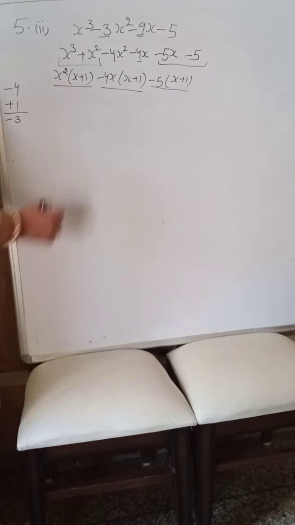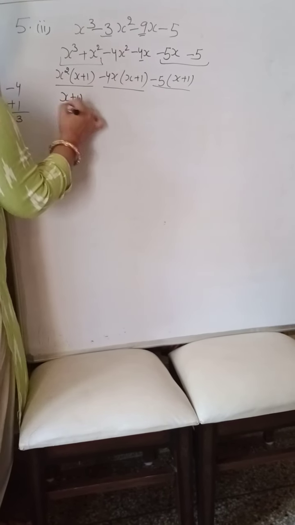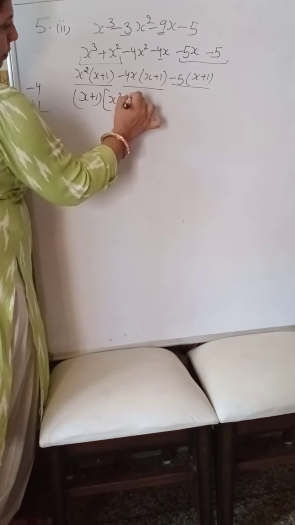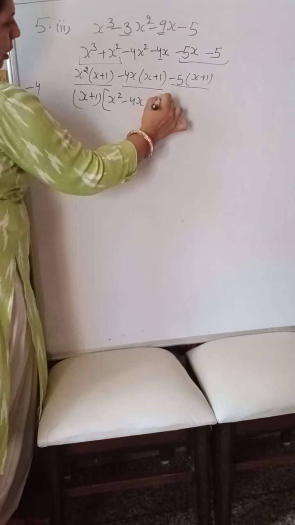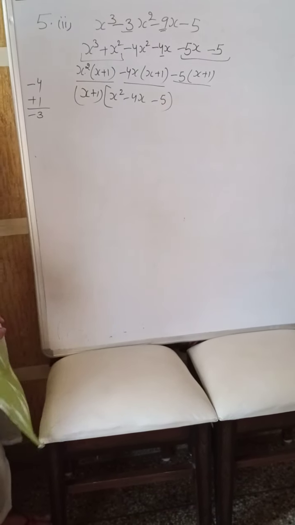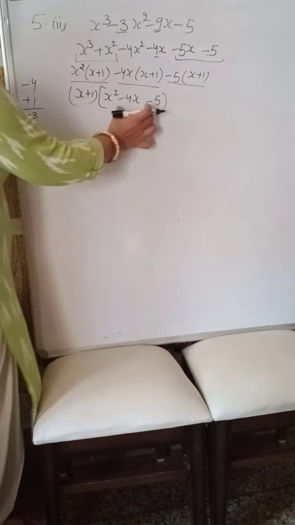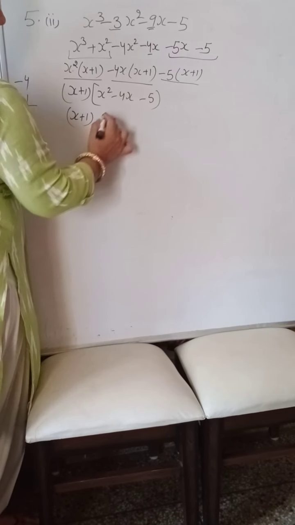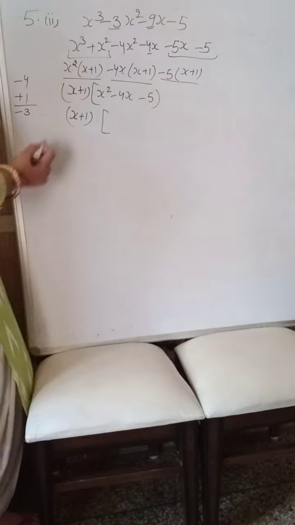So take this outside, x plus 1, and what is left? From here x square, from here minus 4x, and from here minus 5. Now we will solve this quadratic polynomial with the help of splitting the middle term. The same thing you will do here.